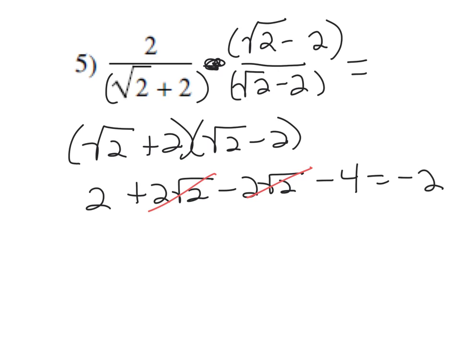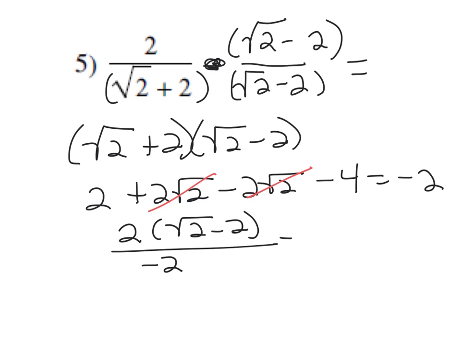So now I have 2 times root 2 minus 2 in my numerator, and I have a -2 in my denominator. So in my numerator, I'm going to need to distribute. All right, I have to multiply this 2 by root 2 and 2 by -2. And when I do that, I get 2 root 2 minus 4 all over negative 2.